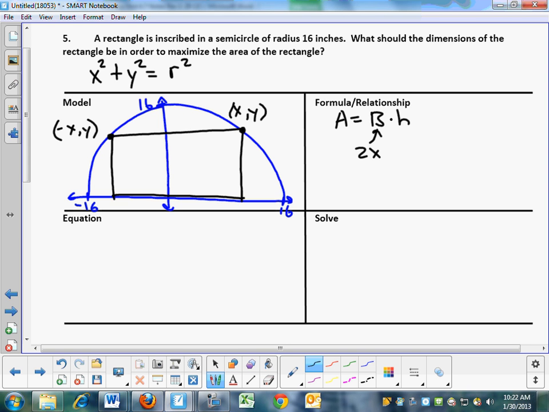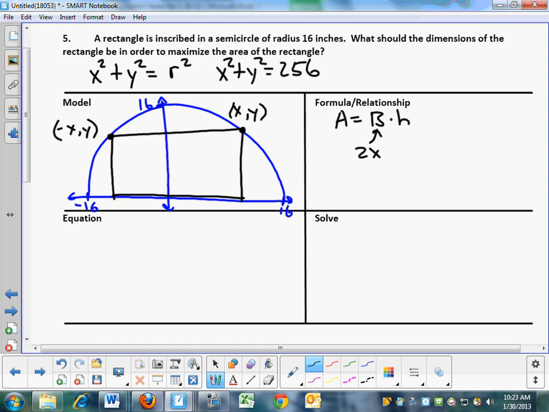Equation of a circle, right now we have a semicircle. So we're going to have the positive portion of the semicircle. We have x squared plus y squared is r squared. Maybe you remember this. And so if the radius is 16 in this case, then the equation would be x squared plus y squared is equal to 256. So that's the equation for the circle.